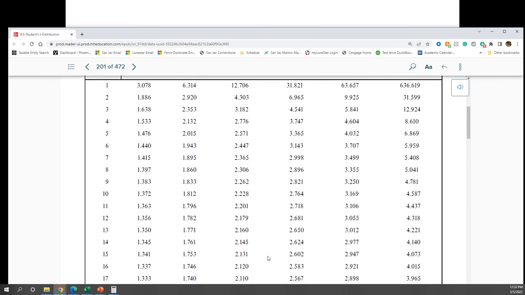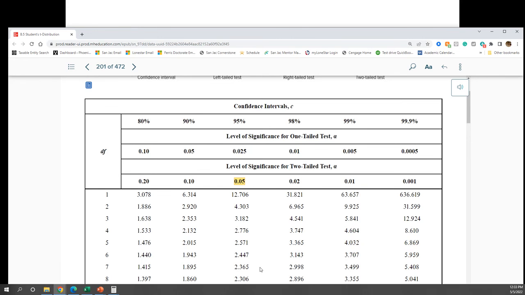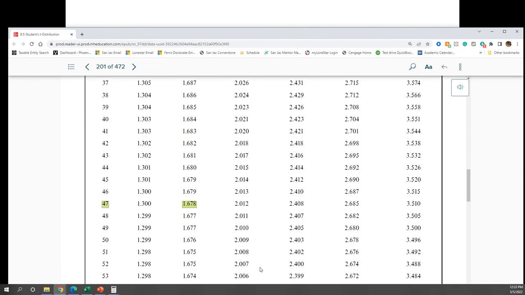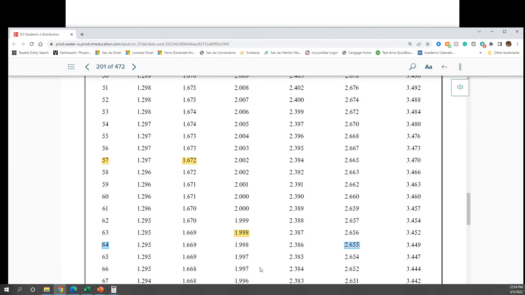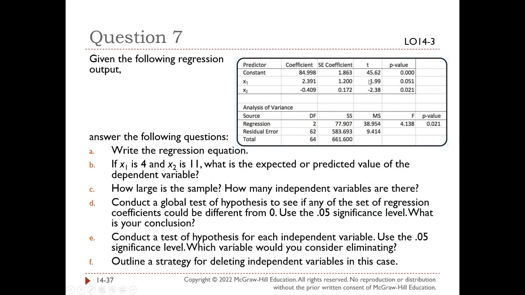So we got 1.998, 0.05, and we should end up keeping variable x2 because that is less.